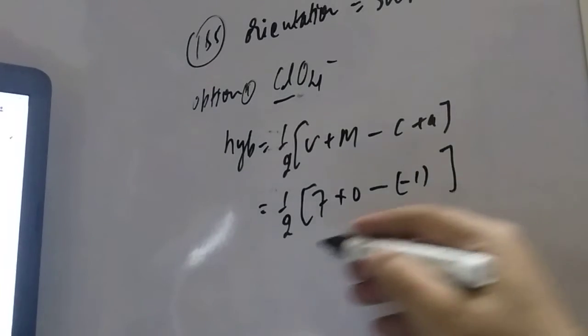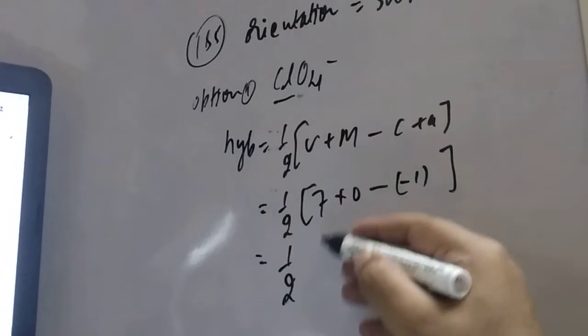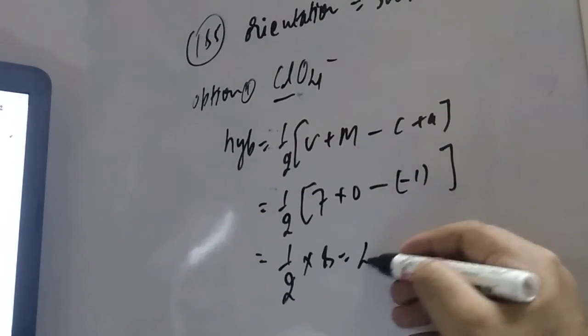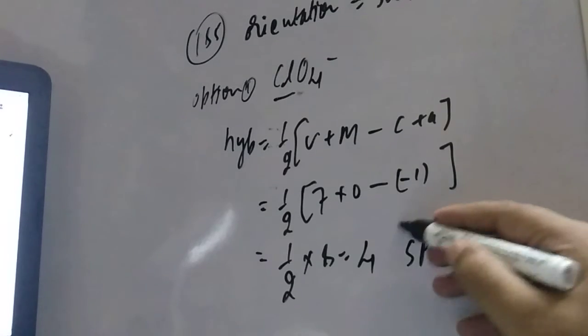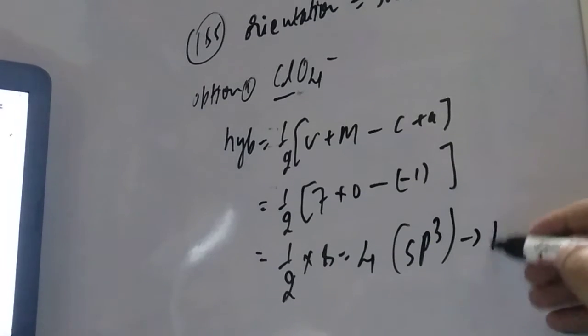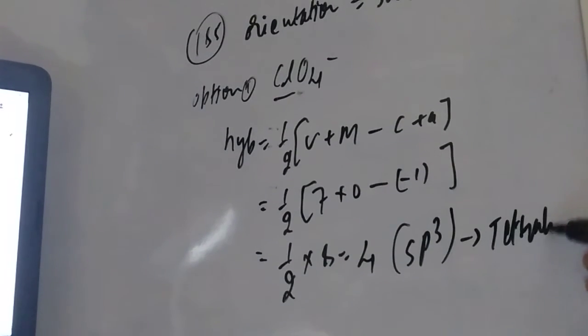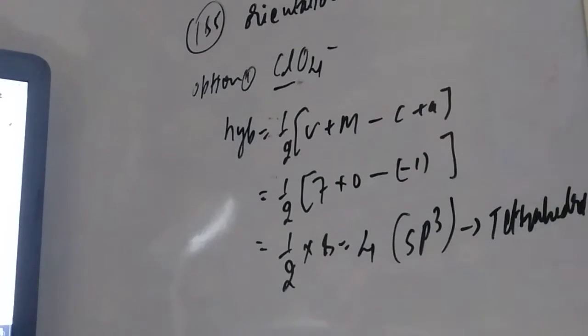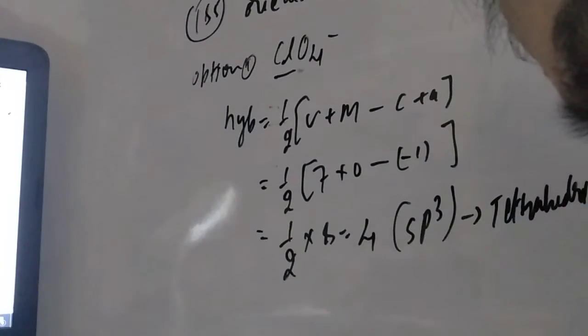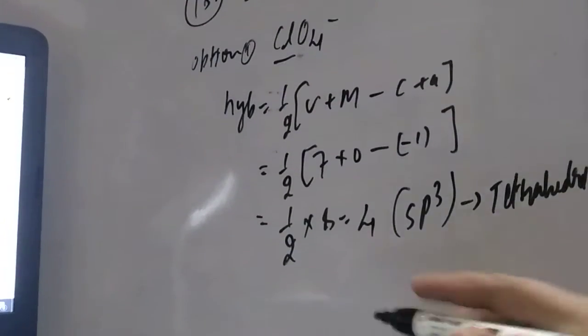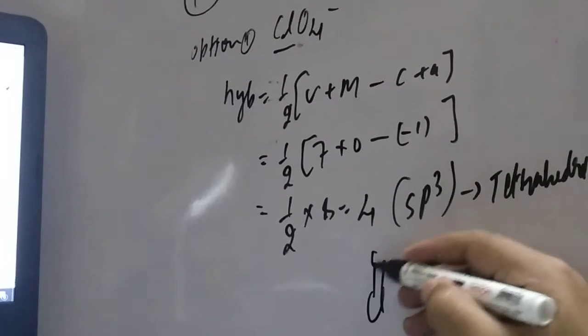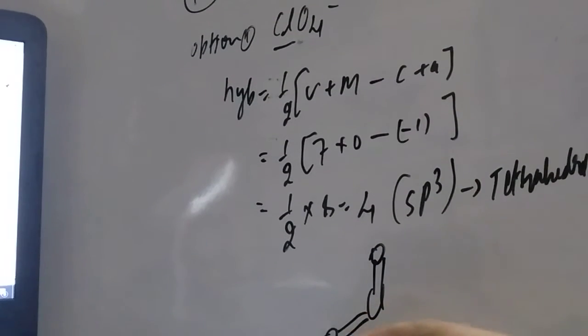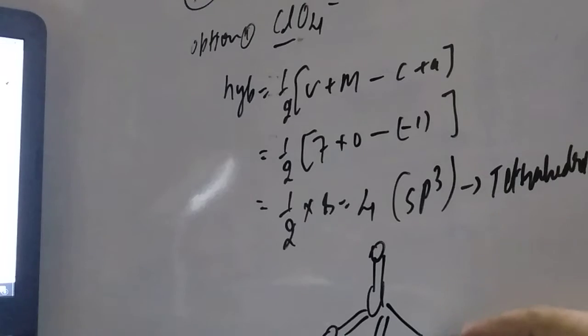So how much is coming? 1/2 into 8, so 4 is coming, students. 4 means sp3, and sp3 means tetrahedral. Now if you draw the structure: here is Cl double bonded to O, 4 atoms are there, here is also O, and here is O minus.